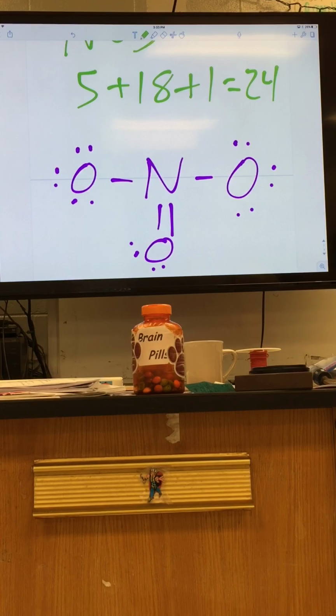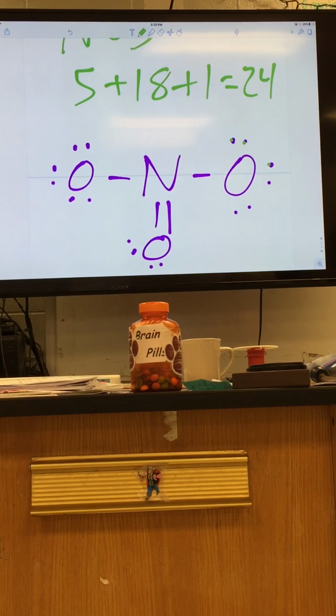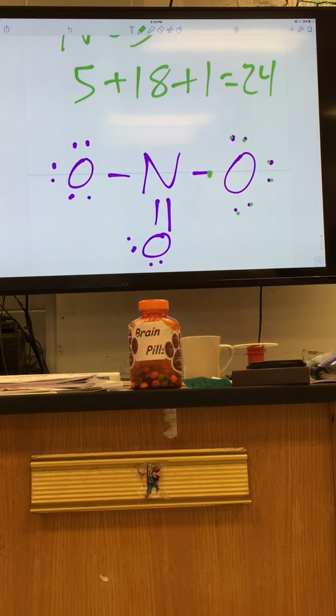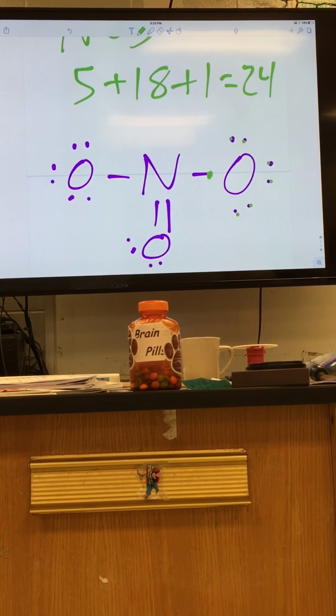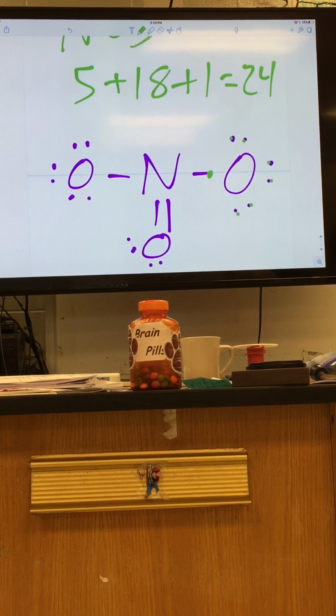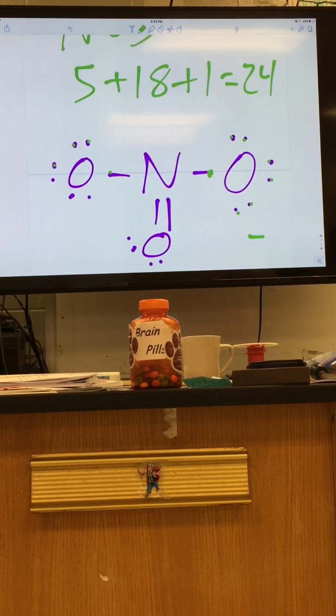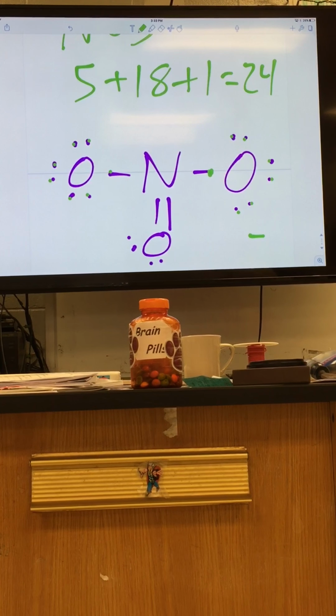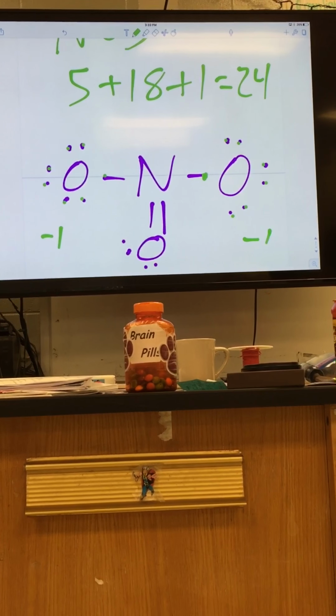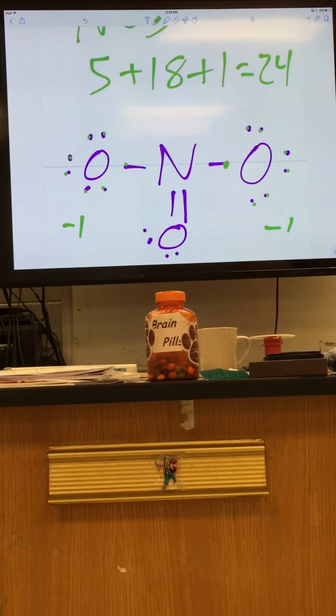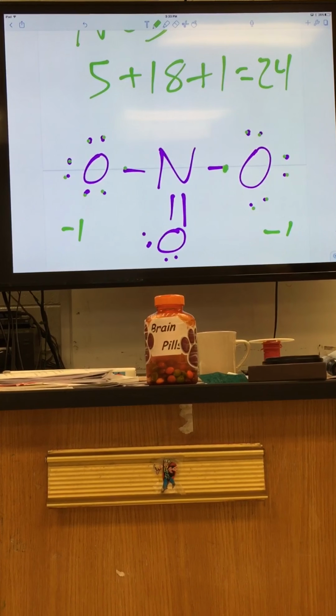Because oxygen has 1, 2, 3, 4, 5, 6, 7 electrons, and it should have 6. So what's happening? It has a negative charge. We look over at this one: 1, 2, 3, 4, 5, 6, 7. Should have 6. It's got an extra electron. That's a minus also. Now wait just a minute. Hold the phone. Let's look at nitrogen.